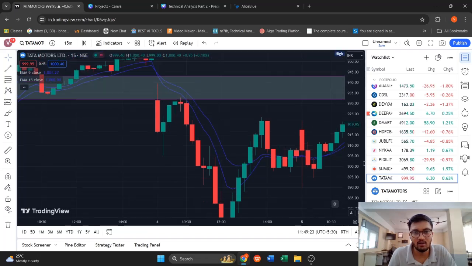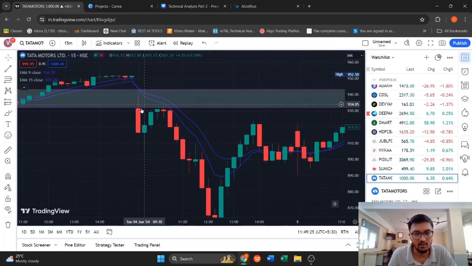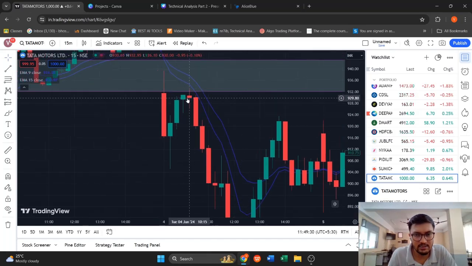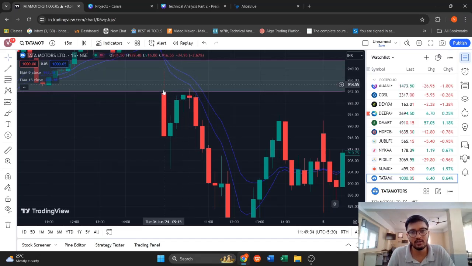There was a gap down on this particular day, and the market reversed it, and there were two indecision candles in a bullish pattern. Already you know that there is a gap down, so there's strong negative sentiment for the stock.